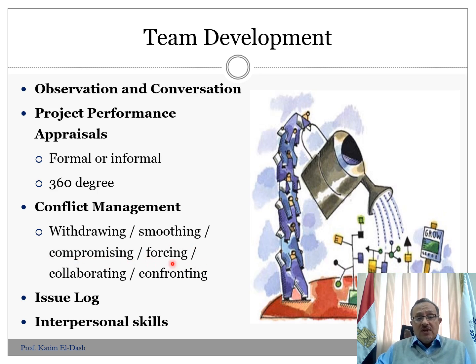One of the scenarios is forcing. Forcing is to assume that I have the solution and I am the manager and I have the authority to force the solution, and you have to do what I am telling you to do. The fifth scenario is collaborating. Collaborating is making kind of compromising and confronting together.